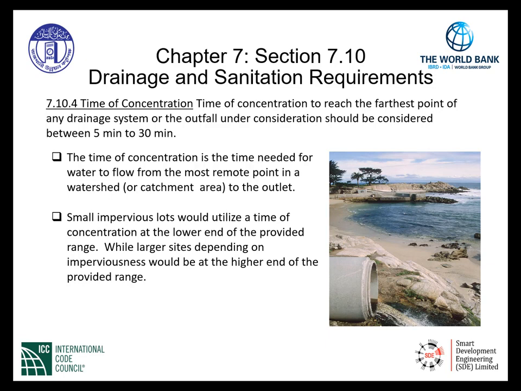The time of concentration is needed for water to flow from the most remote point in a watershed or catchment area to the outlet that was described above. For a given outlet of a ditch leaving a small building site, consider tracing a raindrop through a site from the most remote point. For example, a raindrop falls on a building's roof. It will travel down that roof to a gutter.